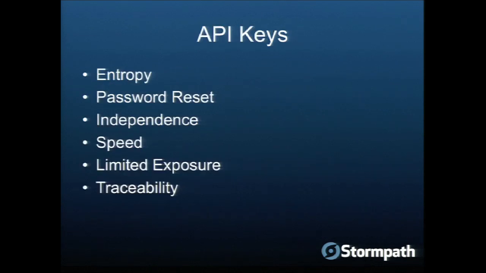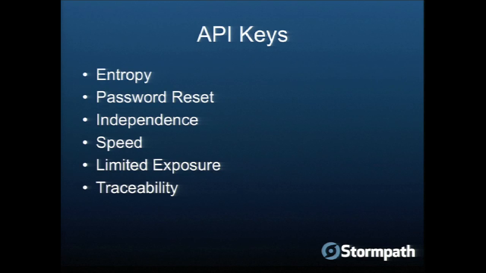API keys, I talked about them a little bit. Because they can be a lot more complex, they have a higher entropy. The entropy space for API keys is much, much larger than your typical 8 to 13 character passwords, so they're harder to break, assuming you're using salting techniques efficiently. Again, if you reset a password and your API keys are based on passwords, now all of your API clients that had that password break. And you can reduce exposure.